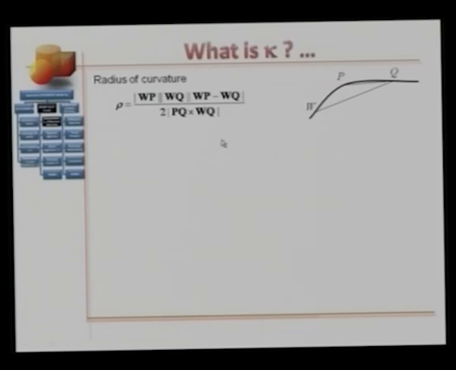Well, we can compute these vectors in terms of the corresponding position vectors.